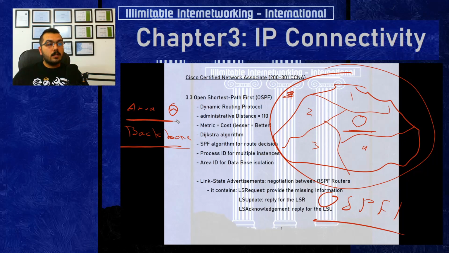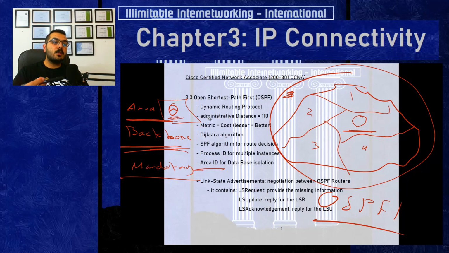So area 0, or the backbone area in OSPF, is first of all mandatory. It must be there. You can make your entire network inside area 0, no problem. But once you start expanding your network or your regions and you want to isolate them and categorize them even better, and need more areas, you must remember first that area 0 must be there.